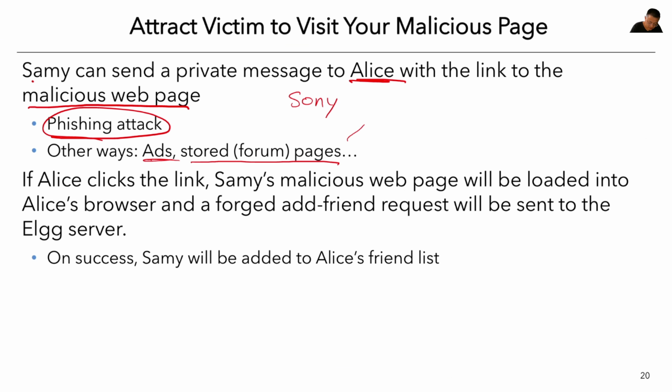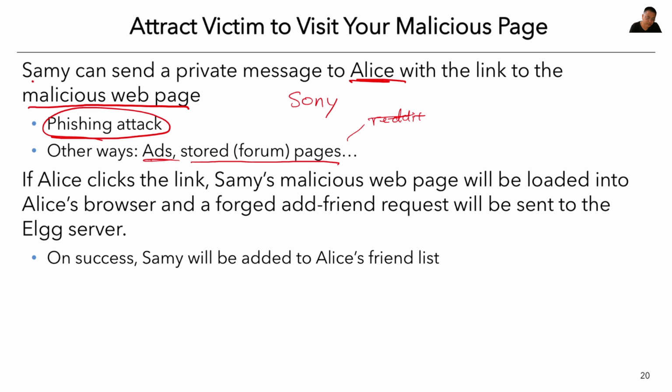Okay? There are other ways like ads or the stored pages. So, for example, somebody is going to open a forum, right? So there are a lot of forums on the website. Okay, so if this website is vulnerable to filling out those special characters, okay, they can create a stored cross-site request forgery.